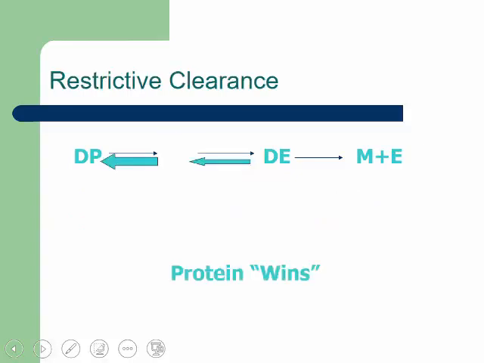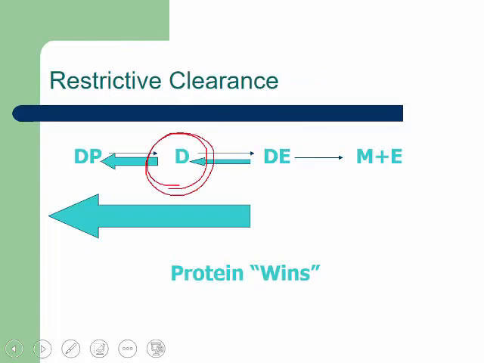So in restrictive clearance, you can think of the protein winning the tug of war on the free drug. The protein's winning in this case because the protein protects.